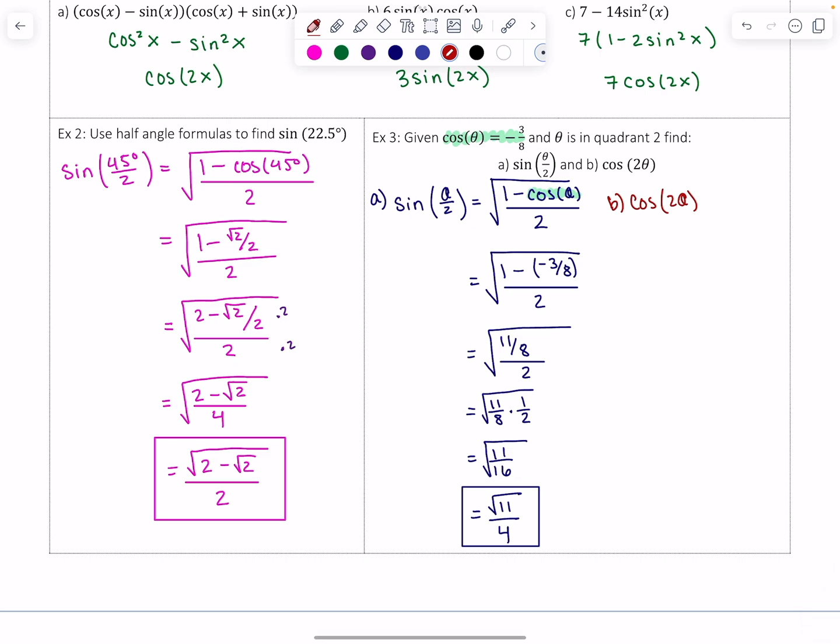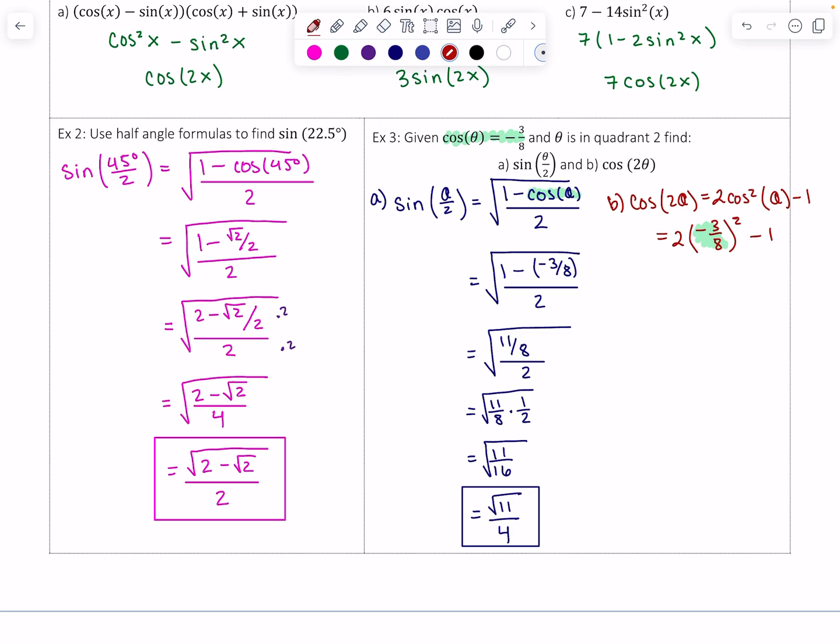Okay, so we have that cosine of 2 theta is equal to 2 cosine squared of theta minus 1. All right, now we're going to go ahead and plug in some values here. So we're going to have 2 times negative 3 over 8 squared minus 1. And again, if you're confused as to where I got that piece of information, that's that green thing that we highlighted earlier.